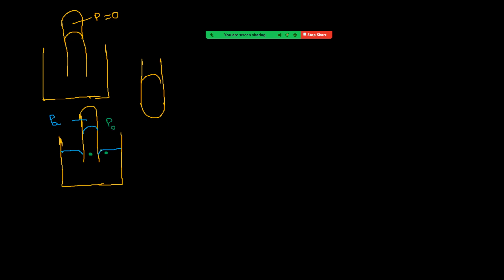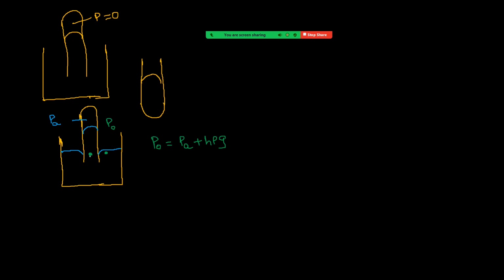Then see what I can write here. P naught must be equal to the pressure of air plus H rho G. I hope you are getting this. P naught is equal to the pressure of air plus the pressure because of the weight of the mercury column.